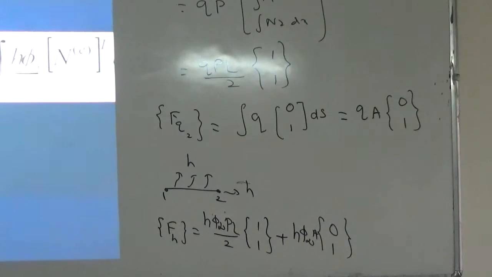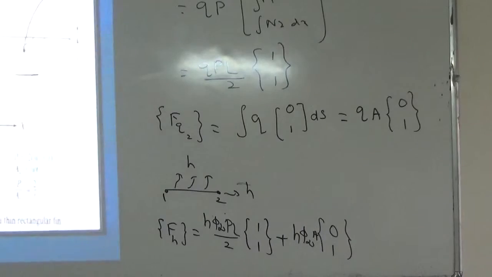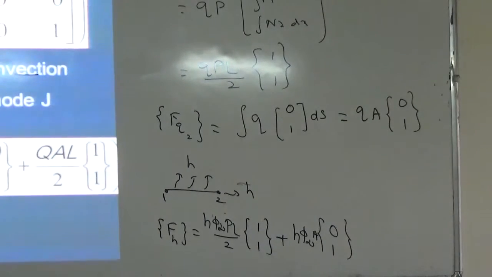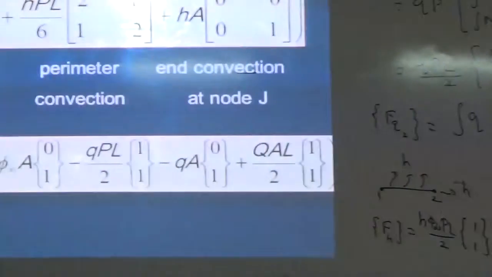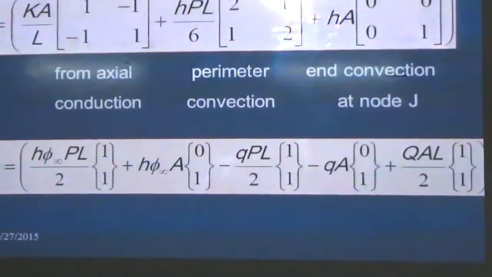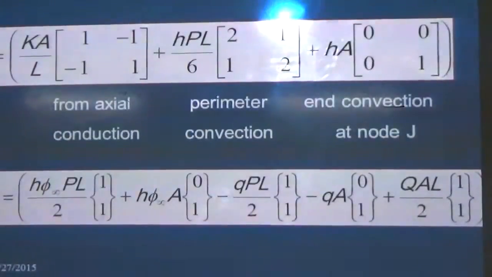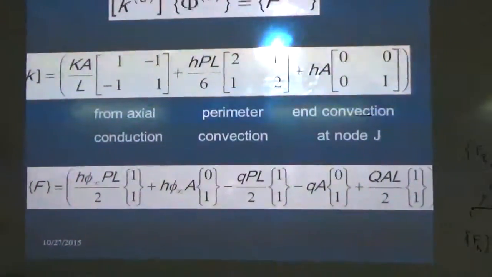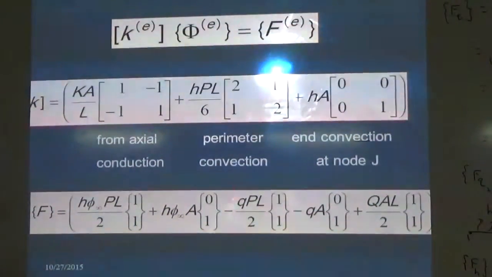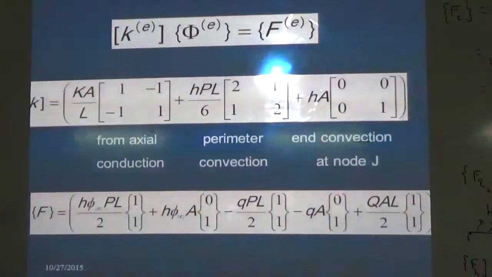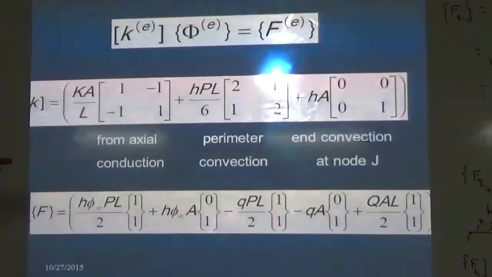This is for the convection term. This is the overall expression for the element equation for the one-dimensional fin, considering perimeter convection and end convection. Similarly, heat flux supplied around the perimeter, and heat flux supplied at the end node 2.